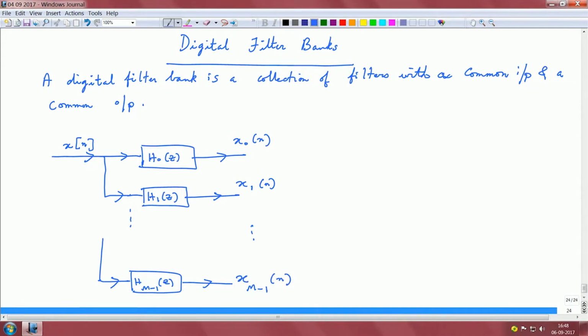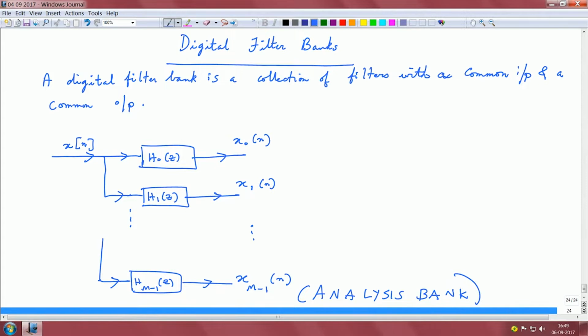And this bank of filters is called the analysis bank. Why are they called analysis bank of filters? Because you are taking the signal x of n and you are analyzing this signal x of n through these filters, right.